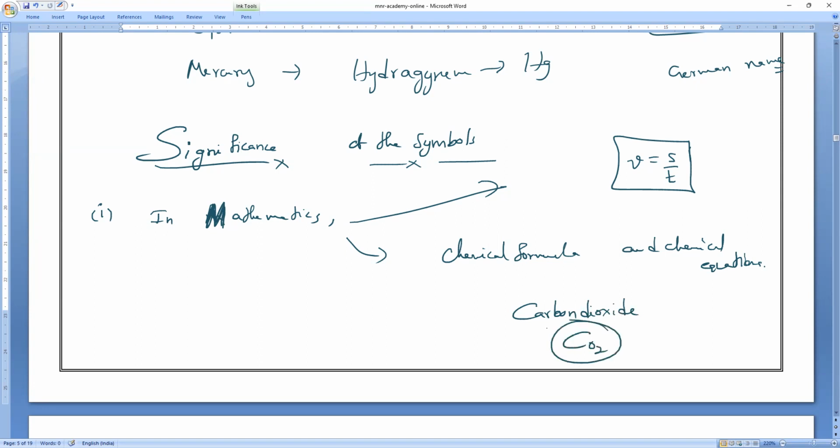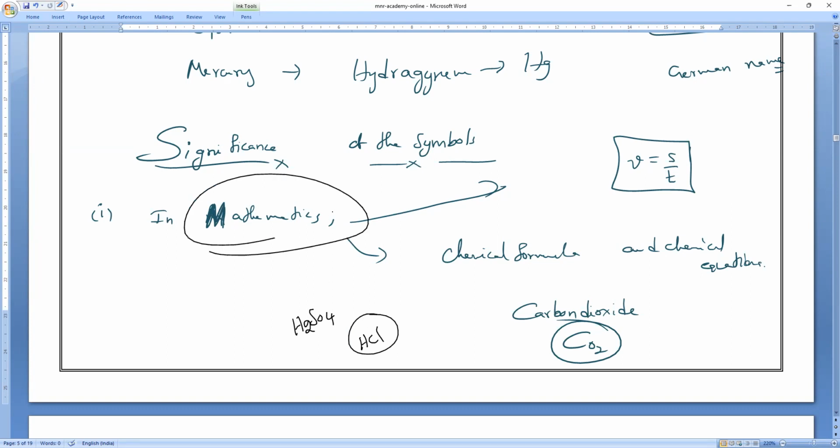Simply I will write CO2. Do you understand everyone? Every time I cannot write sulfuric acid, simply I will write H2SO4. Hydrochloric acid, I will write HCl. So the symbols are very, very important, like in mathematics, for representing chemical formulas and chemical equations.